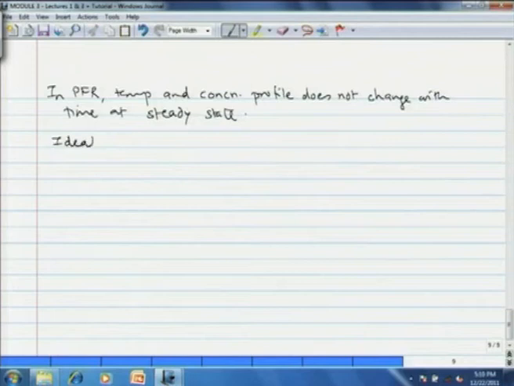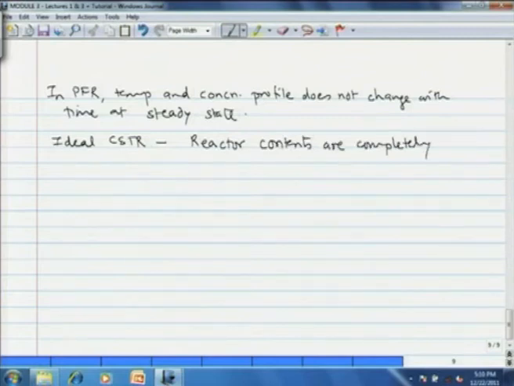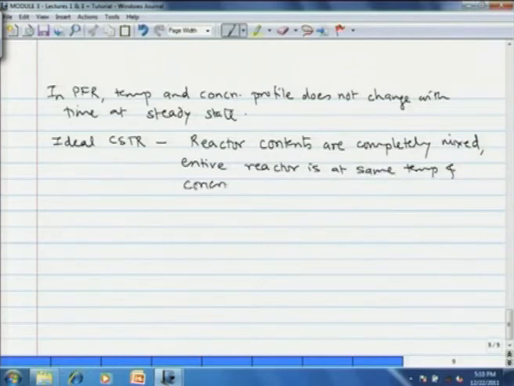Similarly, in an ideal CSTR, the reactor contents are completely mixed. And the entire reactor is at the same temperature and concentration. Now, this temperature and concentration is the same as the outlet stream from the reactor.